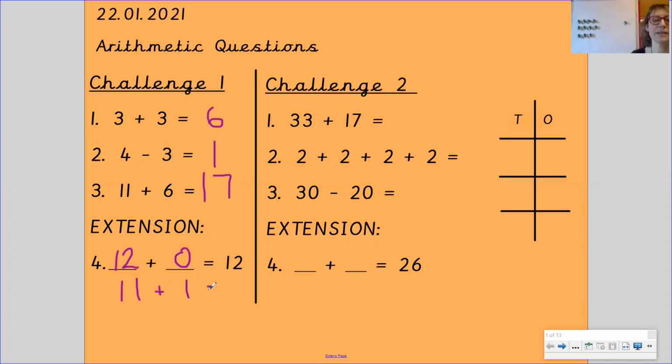So I have still got my 12. And I'm going to take 1 again and move it onto this side. So I had 11 and I've moved 1. So 11 take away 1 is 10. So I've got 10 on that side, and now I've got 2 on this side.